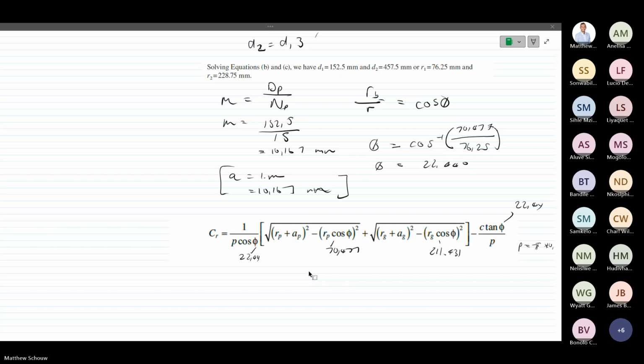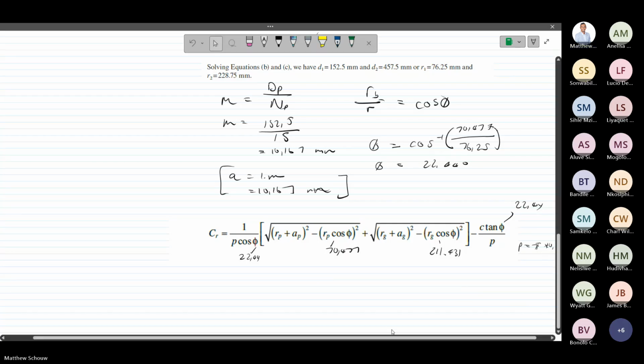Now we're just changing a few things, and we're going to be able to see what happens. Does our contact ratio increase or decrease? It's a lot, yeah, it's an art form on its own. So let me know what you've got.